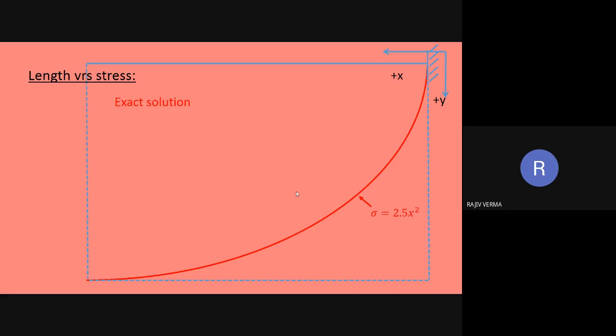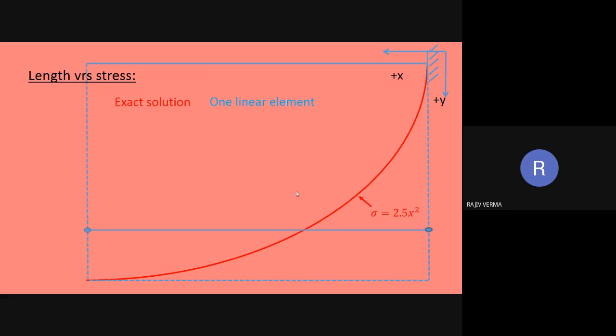Since the displacement expression happens to be cubic, the stress obviously is going to be represented by a quadratic equation, which is 2.5 x square, almost like a parabola. And for the first case, when we are taking the single element, it means that the entire bar is going to be subjected to a same level of stresses.